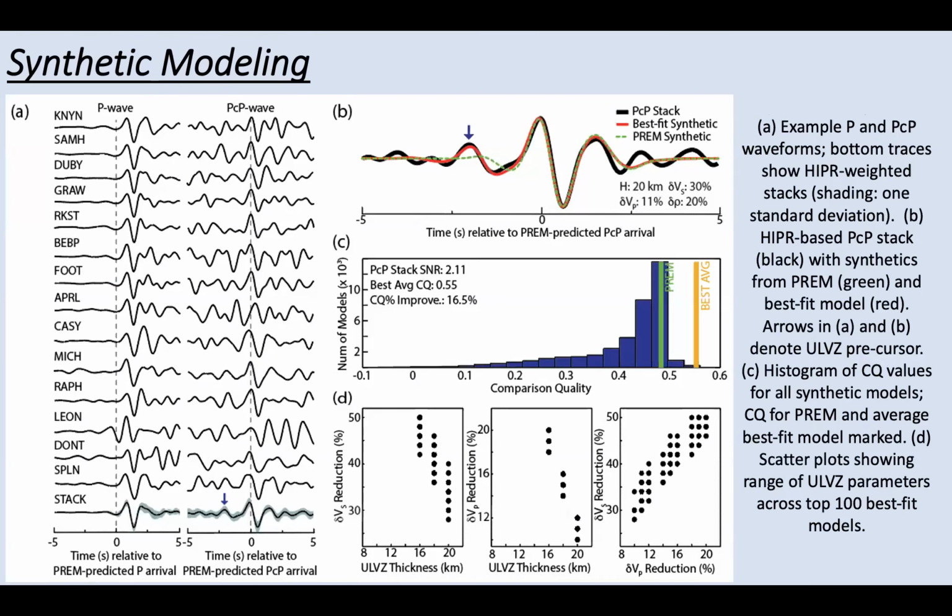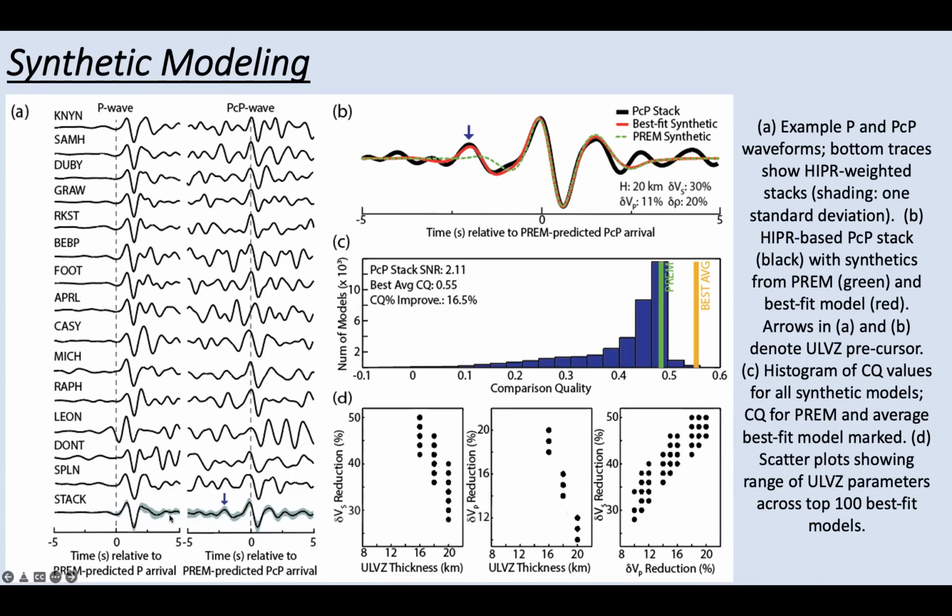So here's some examples. Over here on the left, panel A, this is similar to an image I showed you before. The first column is the P waves, and the right column is the PCP waves, for an example event recorded by TAMNet. All the way down until the very last trace, each one of these is an individual waveform record recorded by a TAMNet station.